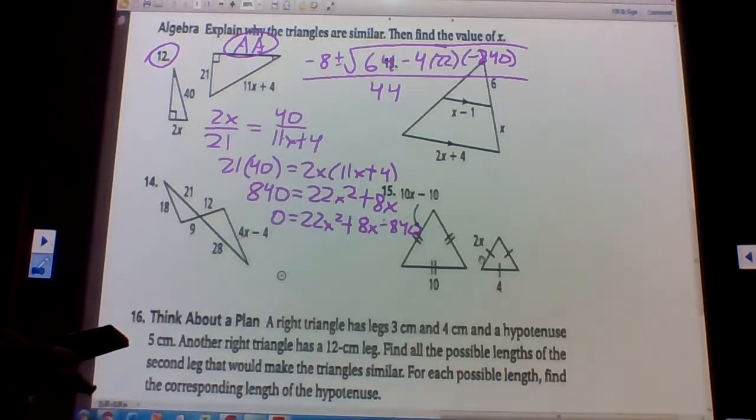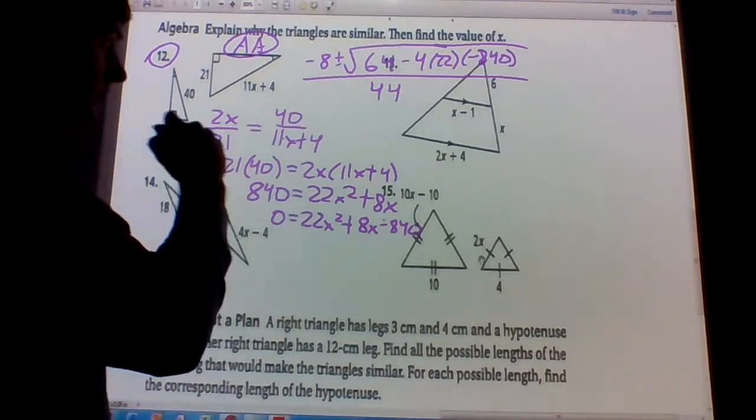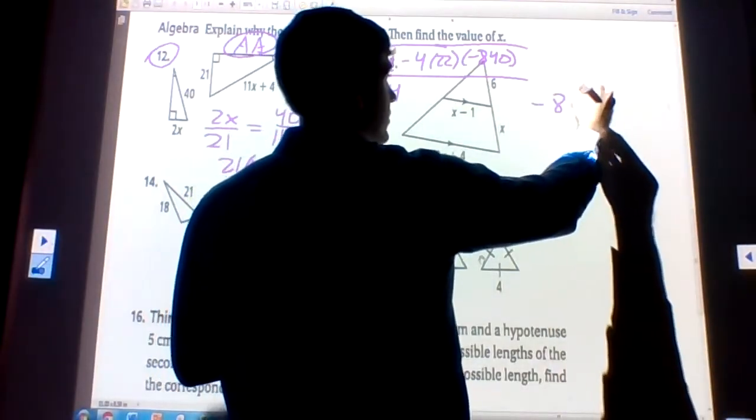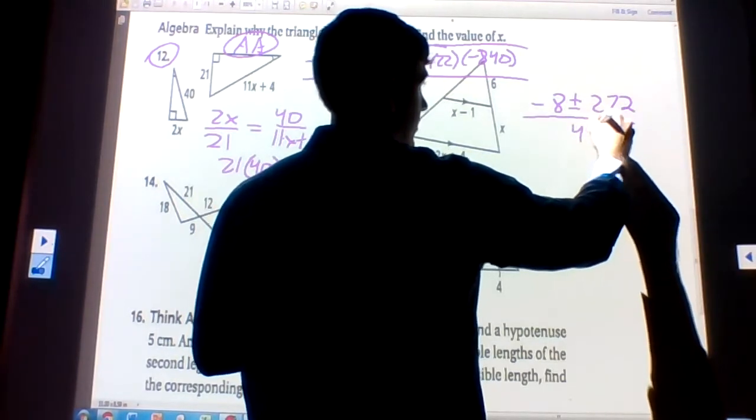So negative 4 times 22 times negative 840 plus 64. Let's take the square root of that answer. That's 272. So you have negative 8 plus or minus 272 divided by 44.